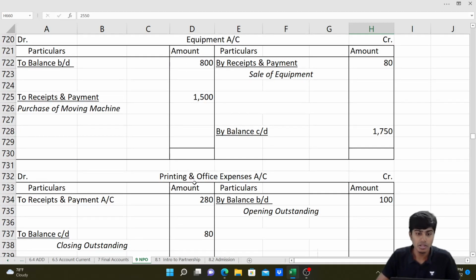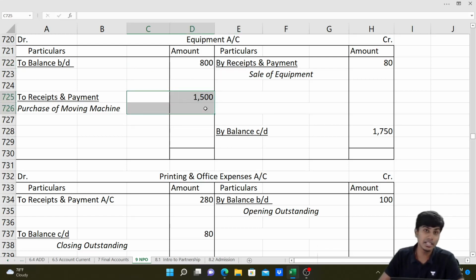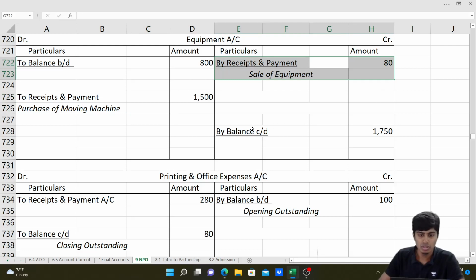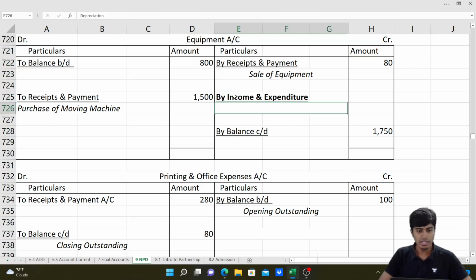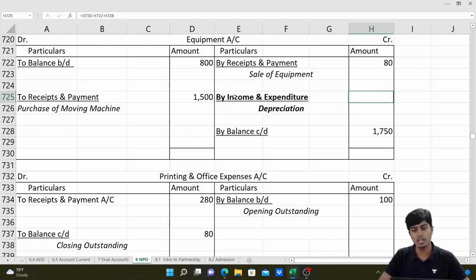We have the equipment account. Equipment is an asset with an opening balance of 800 and there is a purchase of 1500. So basically it should be 2300. You sold it for 80. And the closing balance is 1000. So what is the balancing figure? It will be either profit or loss on sale and or depreciation, 470. However, it should go to income and expenditure all by itself.